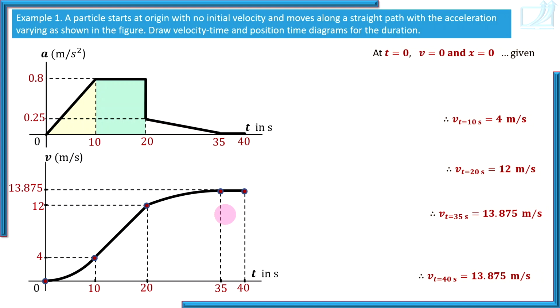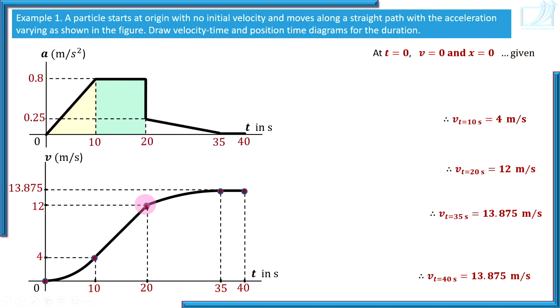Listen to this part of the lecture once again so that you will understand how to identify the shape of the curves. If you make a mistake in drawing the shapes of these curves, then there is no use of doing all these calculations here. But once you understand, in no time you will be able to identify this shape. Acceleration is increasing, slope is increasing here. Acceleration constant, slope constant.